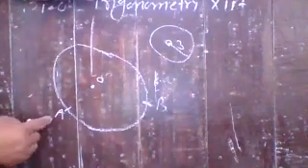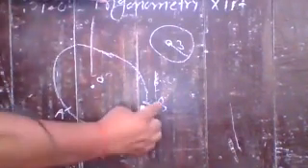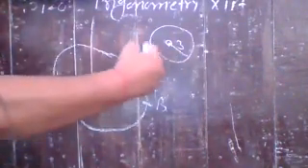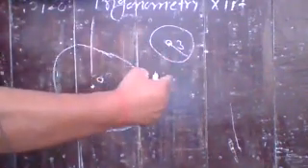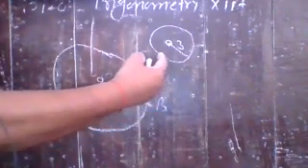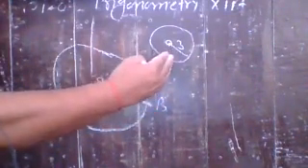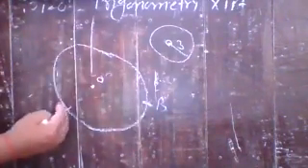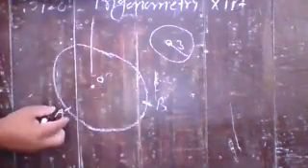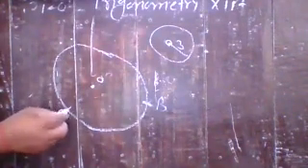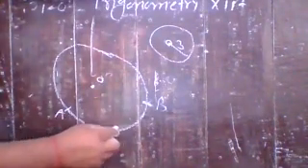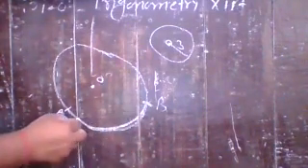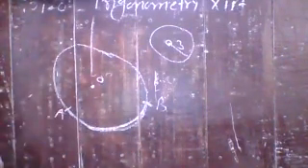So the complete length of AB is the same as the circumference of this circle, which is 2 pi r. That means if the circle of radius 3 centimeter is cut and bent along this given hoop, the length of AB is the same as the circumference of the circle of radius 3 centimeter. Understand?